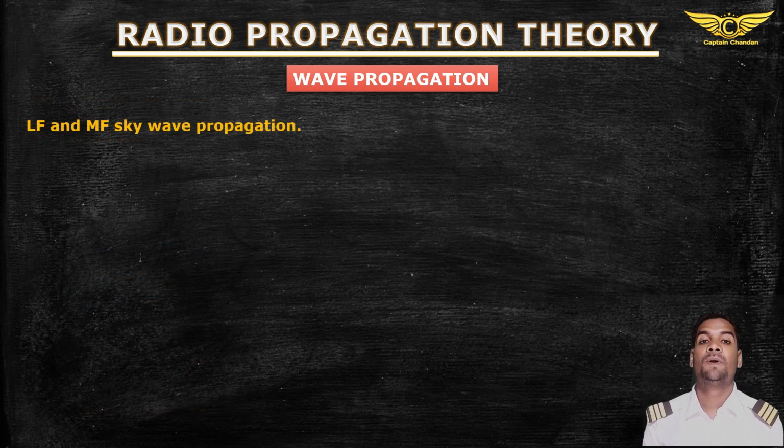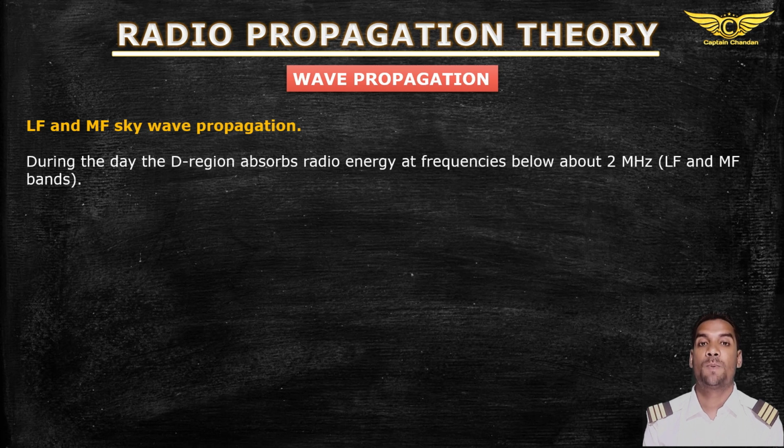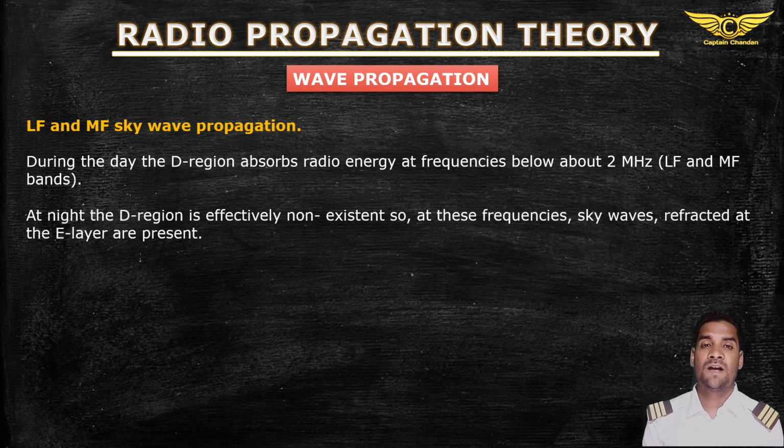Low frequency and medium frequency sky wave propagation. During the day, the D layer absorbs radio energy at frequencies below about 2 megahertz. 2 megahertz is low frequency and medium frequency. At night time, the D layer disappears.